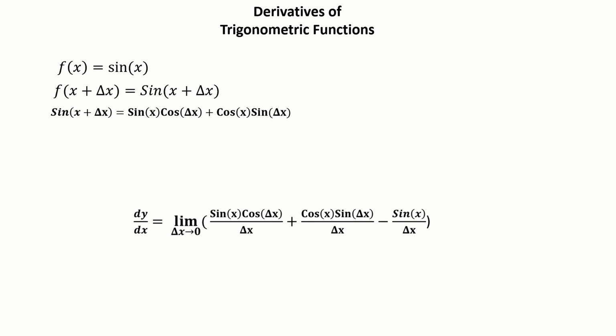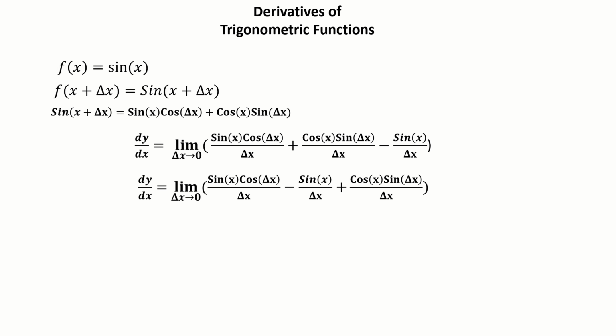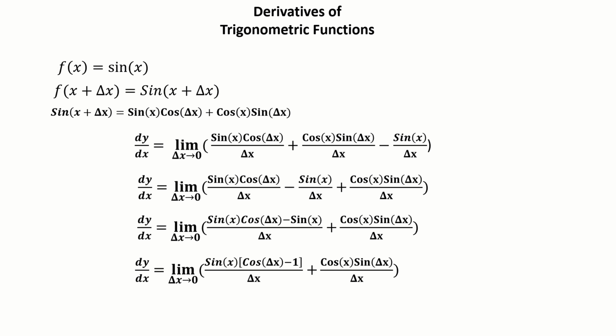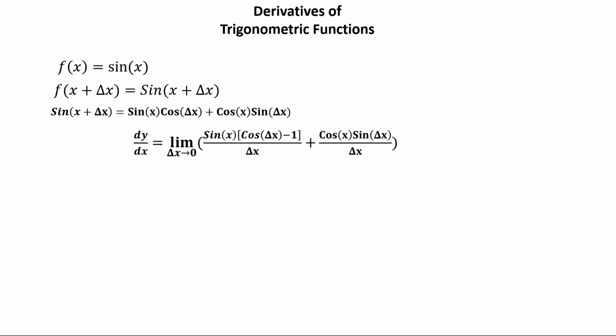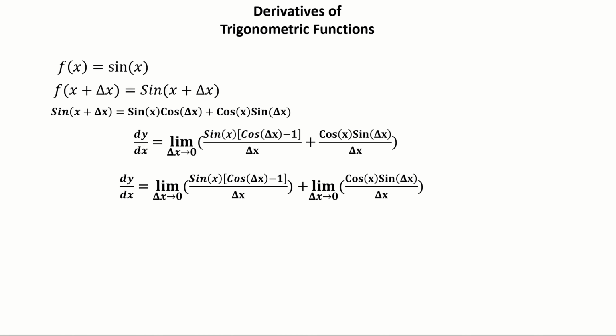If I rearrange this, from the first two terms sine of x is common, and in the parentheses remains cos of delta x minus 1. The limit is a linear operator, so we can apply the limit to every term separately. The limit is only on delta x, not on x, so we can take the terms of x out of the limit.